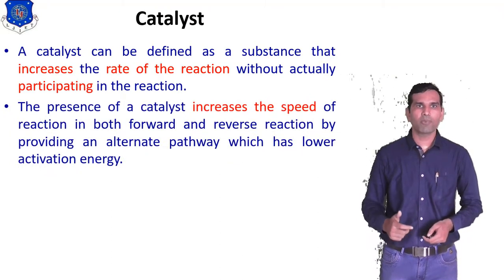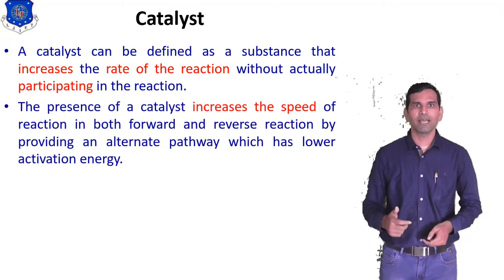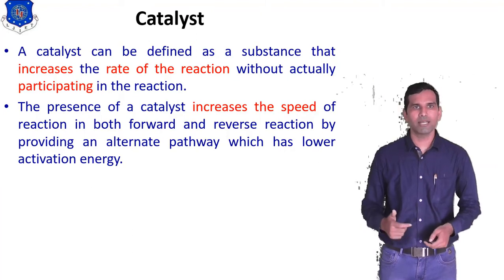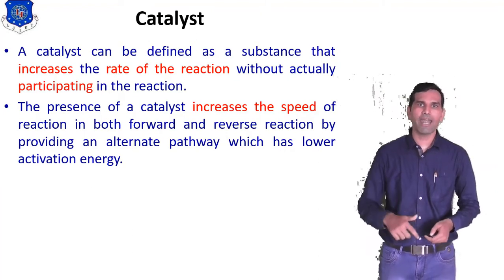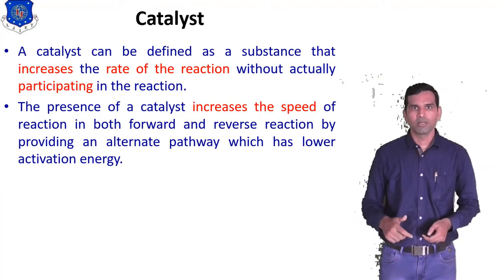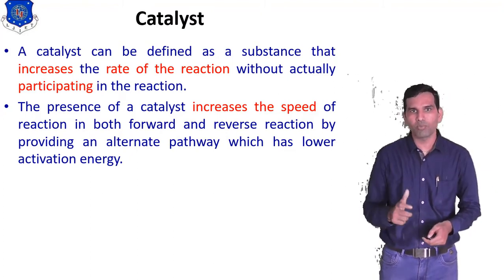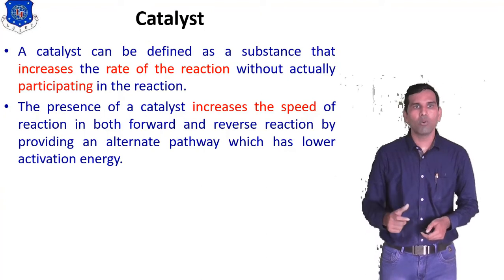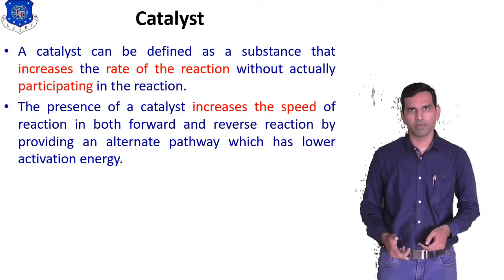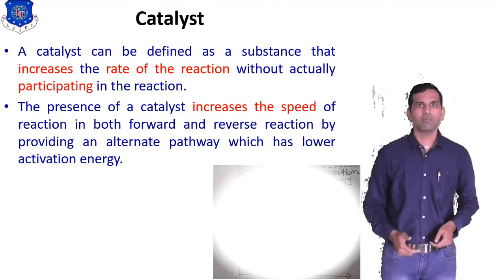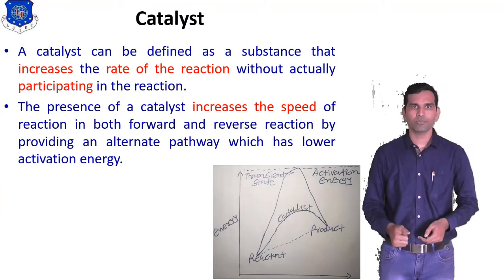The presence of a catalyst increases the speed of reaction in both forward and reverse reactions by providing an alternative path with lower activation energy. Now we understand with the help of this figure.